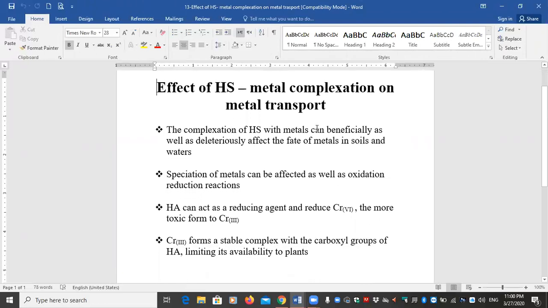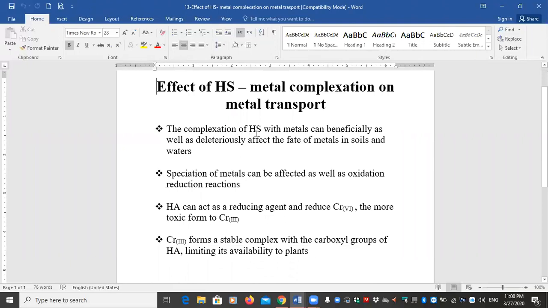The complexation of humic substances with metals can beneficially as well as deleteriously affect the fate of metals in soils and waters. Beneficially, from benefit, means good.